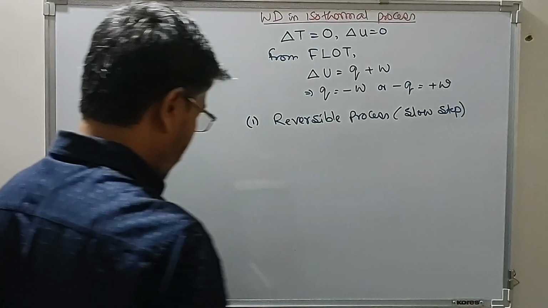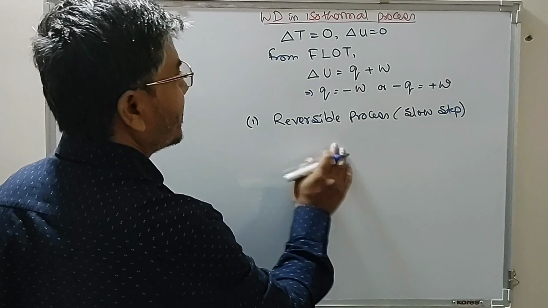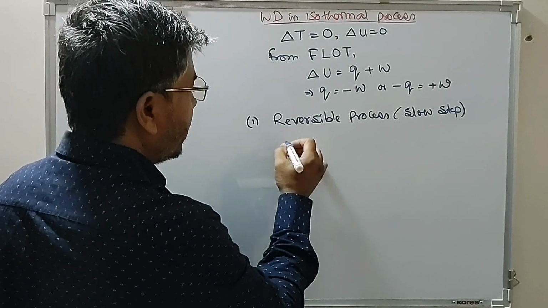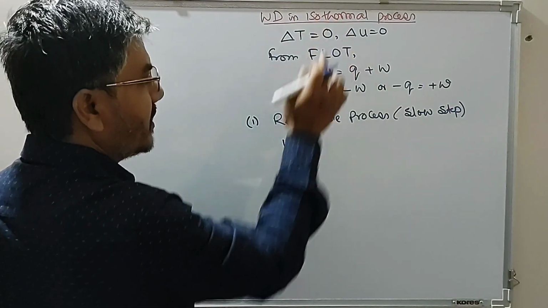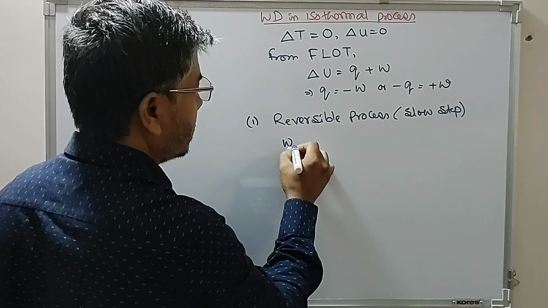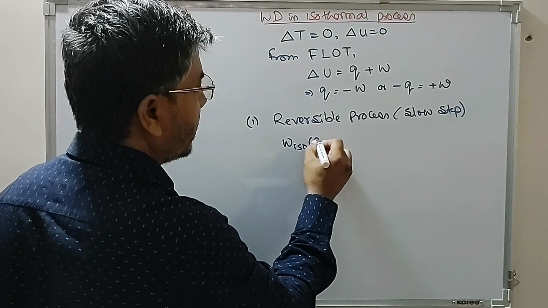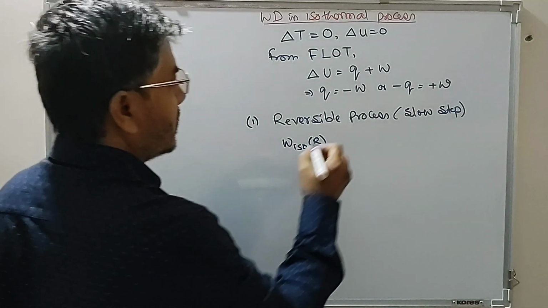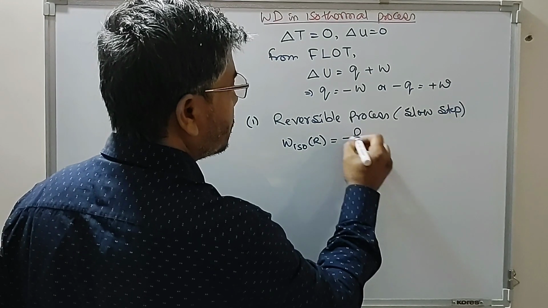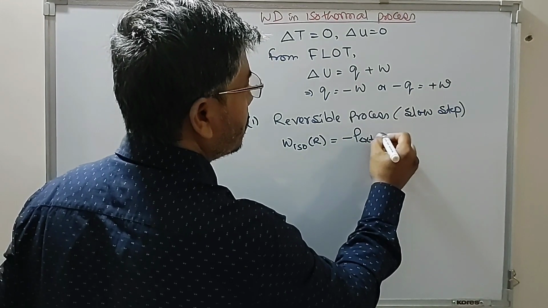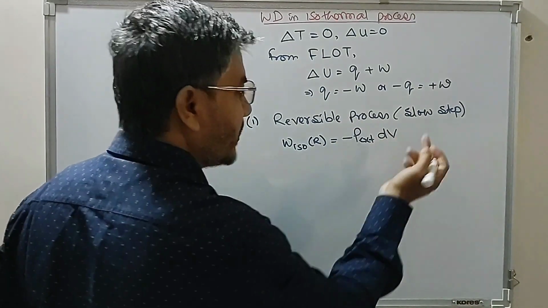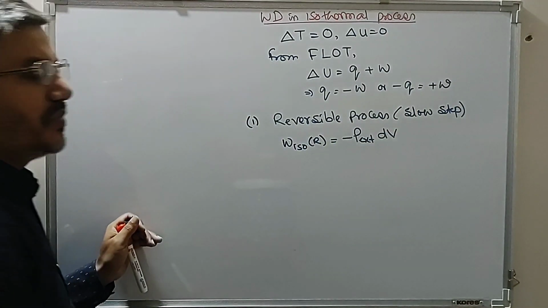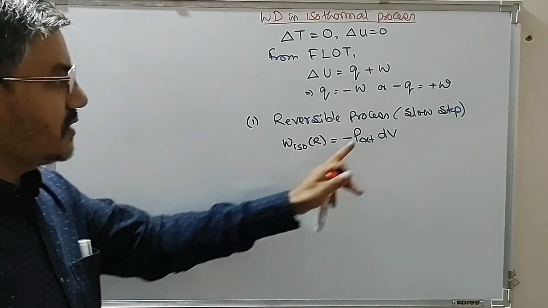Now, for this reversible process, we define this work done, that is isothermal reversible. This is minus P external into change in volume, because being reversible, change in volume should be very small. So we represent this by P dV.